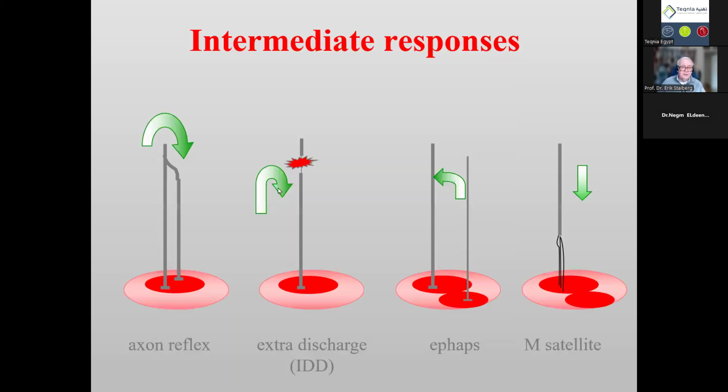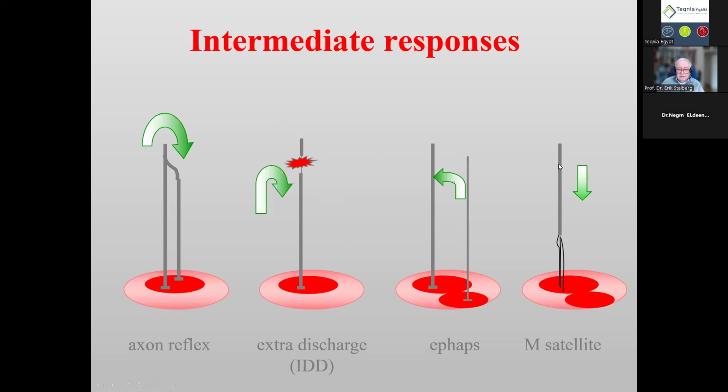And here is another thing that you see nearly every day when you do your recording in a patient with neuropathy, namely when we stimulate, the signal goes to the muscle, but it also goes up, not only to the motor neuron, but somewhere in the middle of the axon, a new impulse starts and comes back, and we call that extra discharges or intermediate double discharges or A waves.